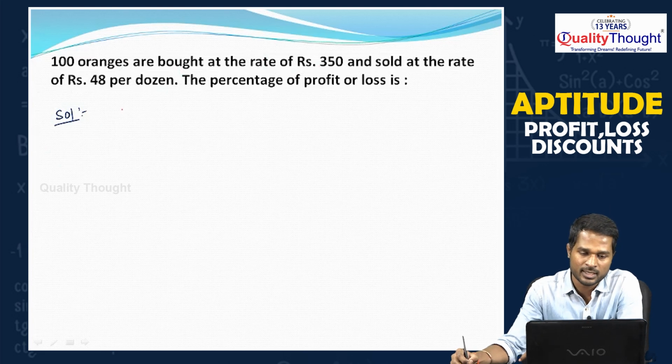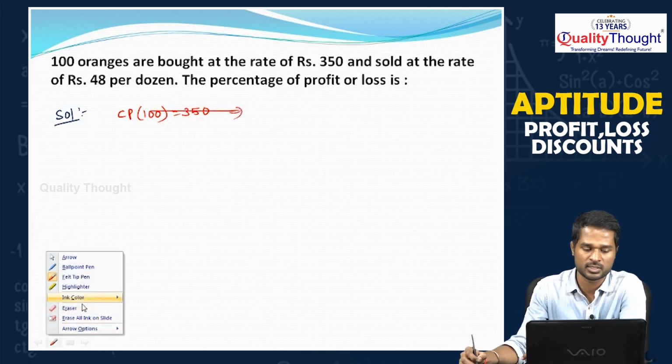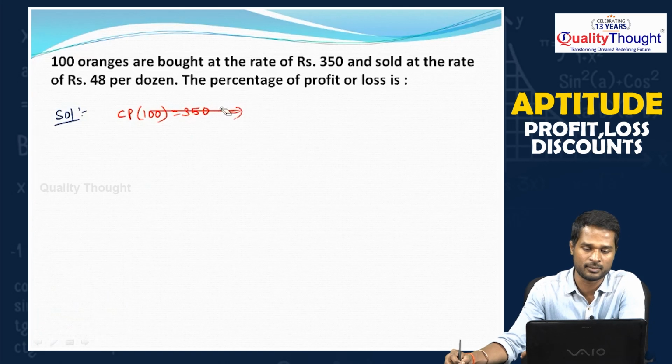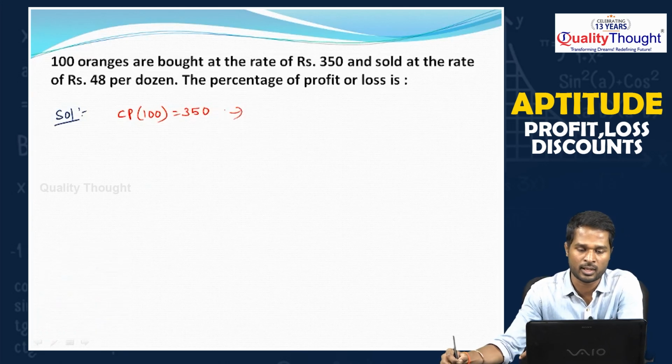That means the cost price of 100 oranges is 350 rupees. Okay. Find out how much he purchased each orange for. So, what is the cost price of one orange?